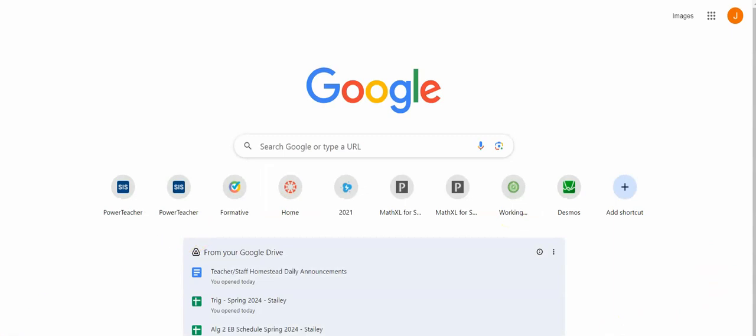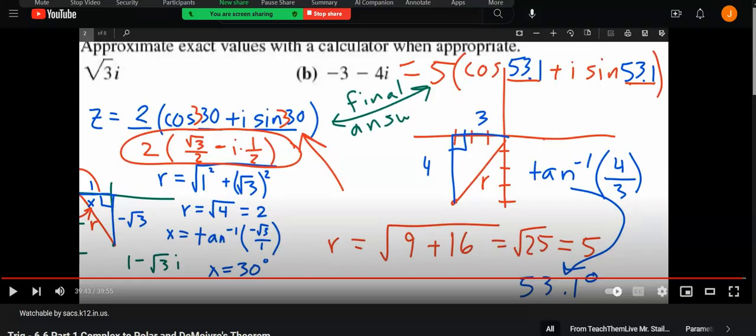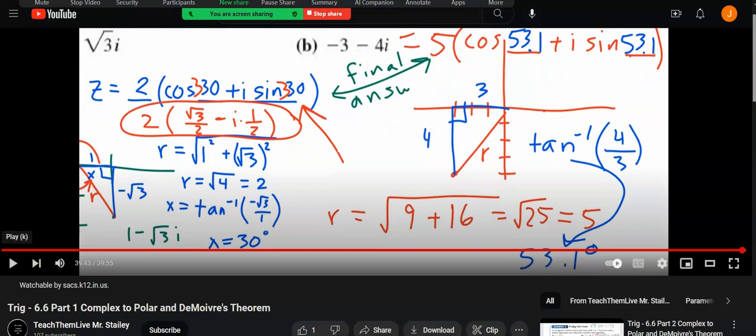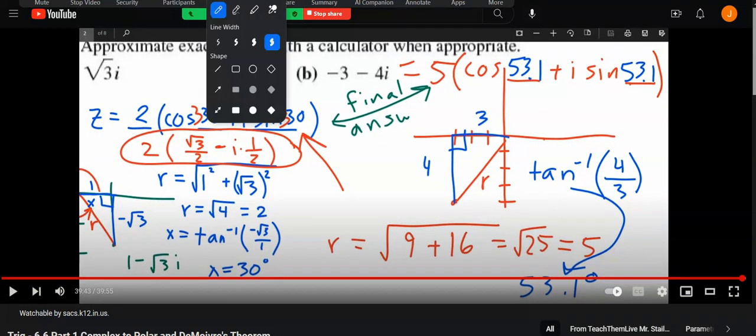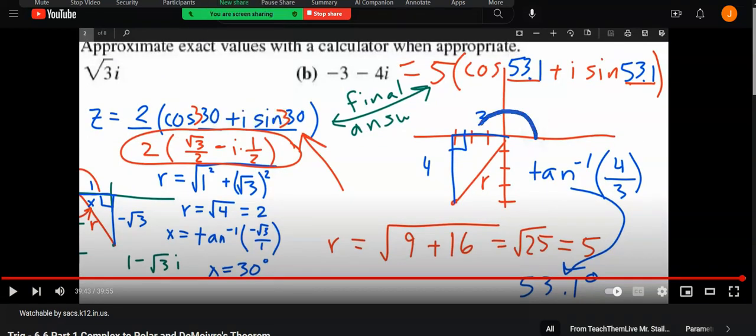Hold on for a second. Okay, but that can't be the final answer. 53.1. I understand 53.1 is what I use from tangent inverse, but clearly in the picture, we're down in quadrant 3. So that's 180, whoops. That's 180 plus 53.1.